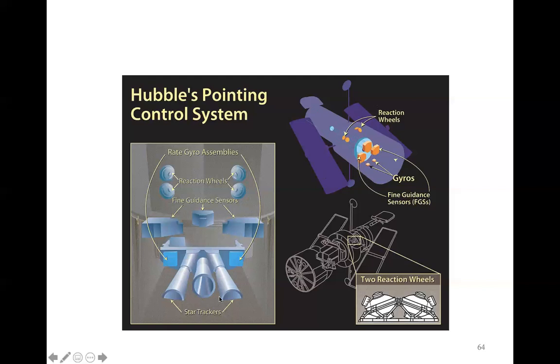So the reason why those star trackers are aligned and pointed in a way to determine the attitude of the spacecraft that enables a precise pointing of the telescope is this. If you look at this figure here, the boresight of the telescope is this axis.